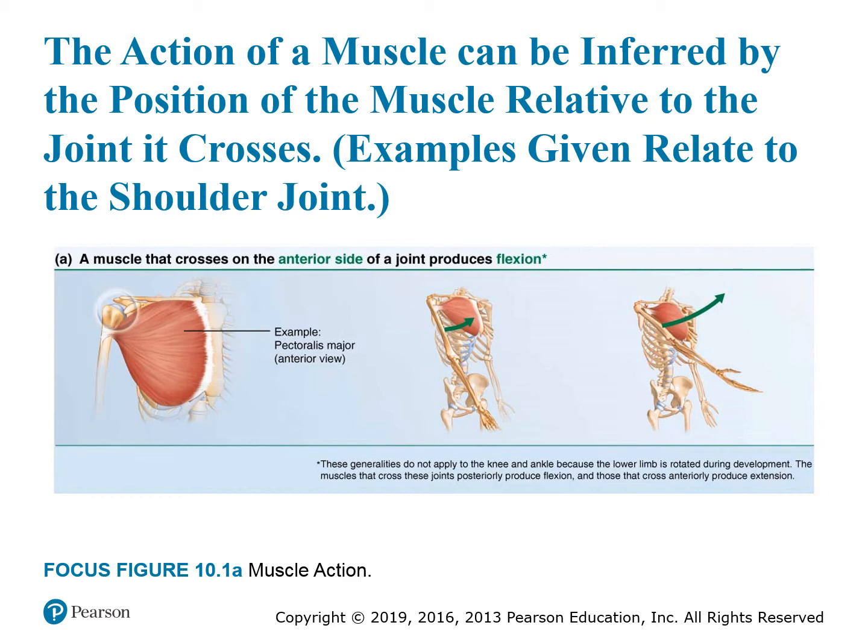So if we consider the shoulder joint and the pectoralis major, this is a large muscle that forms the upper chest wall. It's what people who lift weights sometimes call their pecs. It is anterior to the shoulder joint. And in that position, it's able to cause flexion, so it can move the joint anteriorly.